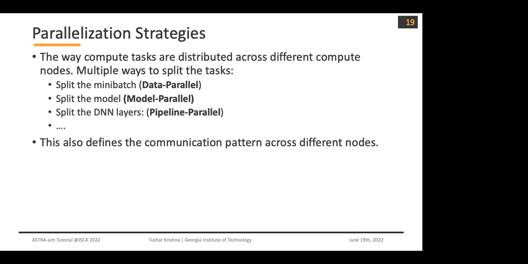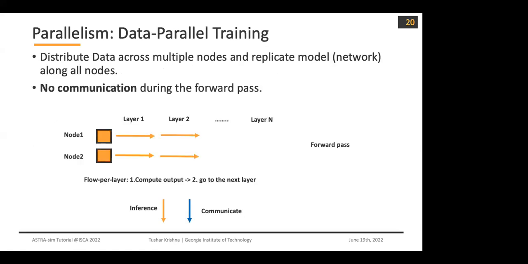Or you take the model itself and split it. In some cases, these are choices. In some cases, it's inevitable. As I mentioned, if you have a very large model, you have to split the model, because it will not even fit in the device's memory. That's called model parallel, or you could split the DNN layers and run them in a pipeline manner. That's called pipeline parallel. And the parallelization strategy also defines the communication pattern across different nodes.